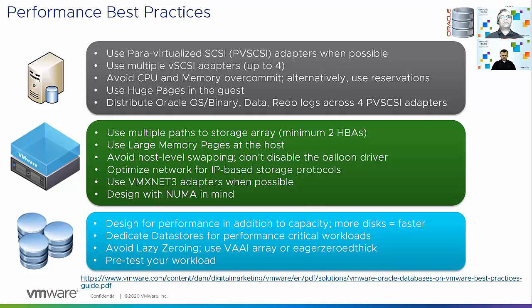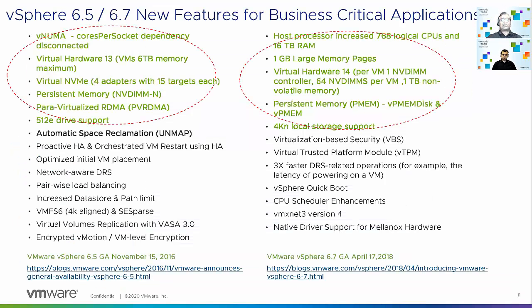But moving on. So with VMware vSphere 6.5 and 6.7, a lot of features were announced, which were very beneficial for BCA, business critical application workloads. Some of them notably being NUMA, the cores per socket dependency, which was disconnected. The fact that you have virtual hardware 13, which means you can now have virtual machines which take 6 terabytes of memory, which is the maximum.